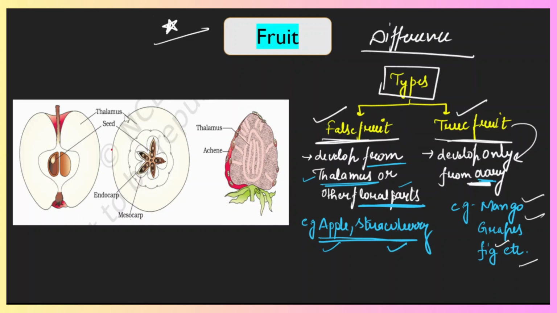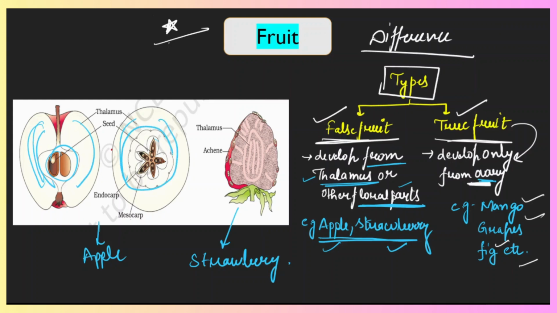If you see the diagram of the false fruit, this is the apple and this is the strawberry, which come under the false fruit. If you see here, this is the seed, and this part, the eatable part of the apple and the strawberry, is derived from the thalamus.